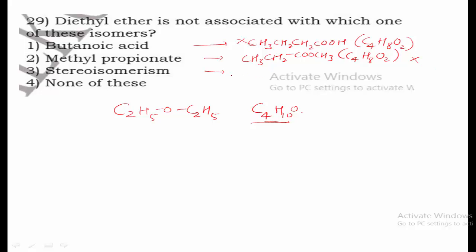And stereoisomerism: diethyl ether shows positional isomerism, and hence it does not show stereoisomerism. Among these four, the fourth option is right, that is none of these. It is not associated with any one of these, and hence the fourth one is none of these.